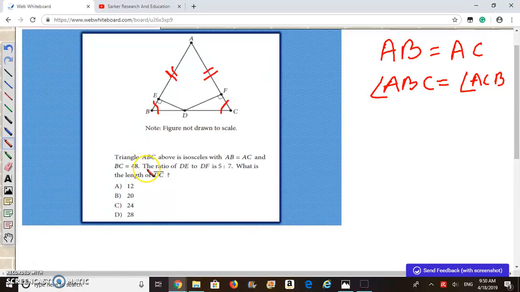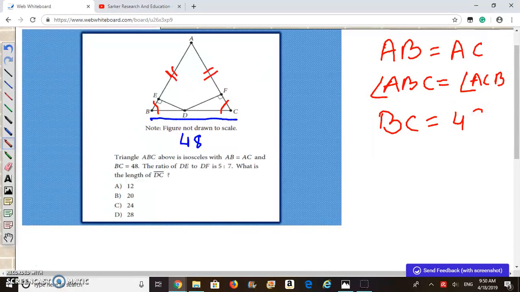Now the length of BC is 48. So this length is 48. So we can write that the length of BC equals 48.